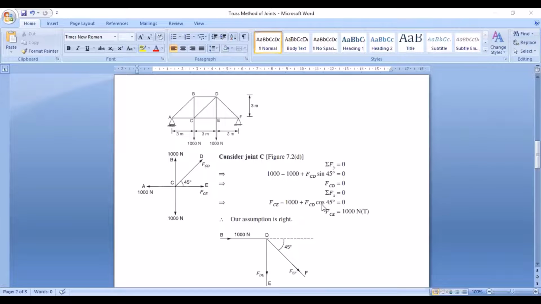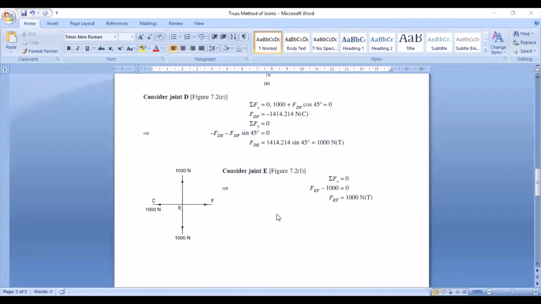So it is plus FCD cos 45 is equal to 0. Now here FCD you have already calculated to be 0. So substitute that value, this term becomes 0. Therefore FCE is equal to 1000 Newton. You have got it with a positive sign, which means that FCE direction is correct. Therefore assumption is right. So direction assumption is right, absolutely right.